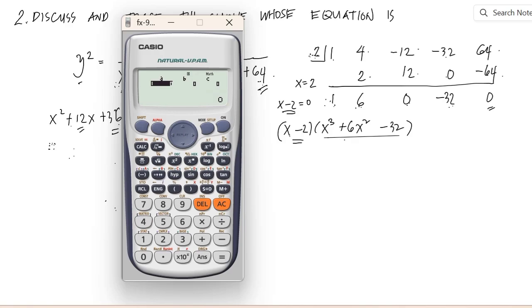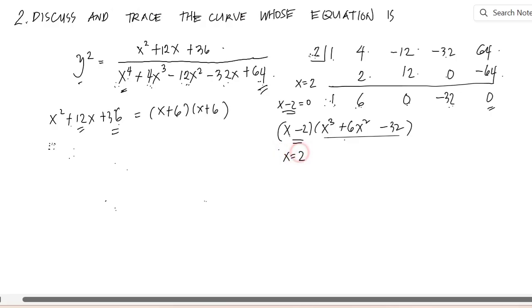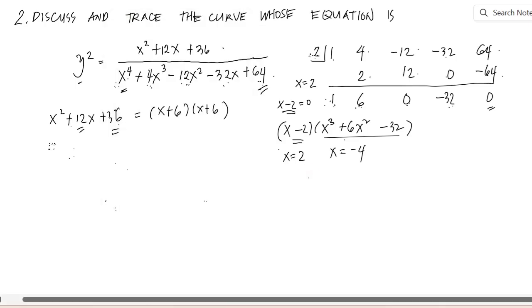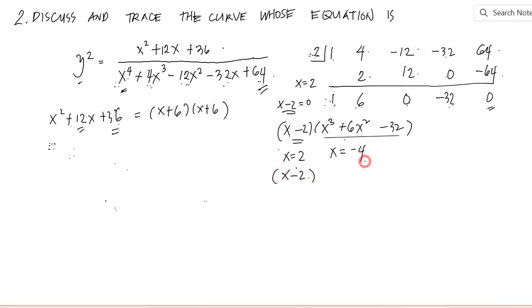We have 1 for x cubed, 6 for x squared, 0 for x, and negative 32 for the constant. The factors are 2 and negative 4. It only gave us two factors, so x is equal to 2 and x is equal to negative 4. This one is x minus 2, while this one is x plus 4.